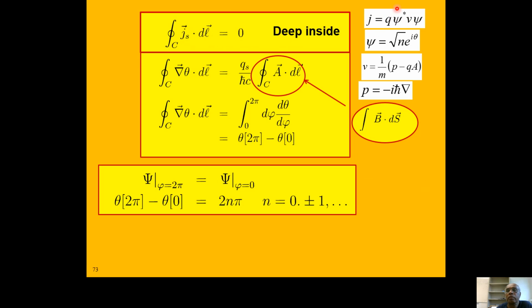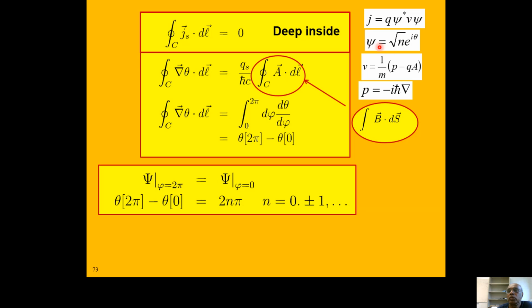Everybody knows your current density is given by q n times v, right? But n you can write as psi squared, with psi in this Schrodinger wave form. Then your order parameter we can write as square root of n times e to the i theta, because we know psi squared is given by n.